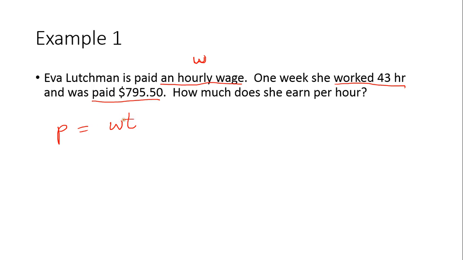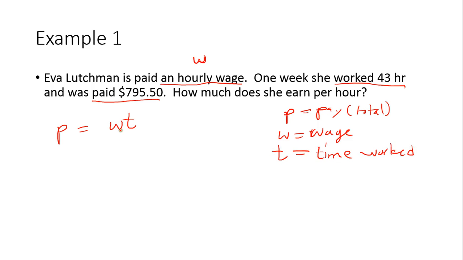Okay, so basically, P equals your total pay, W equals your wage, rate of pay, and T equals time worked.